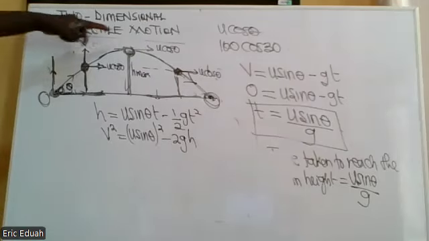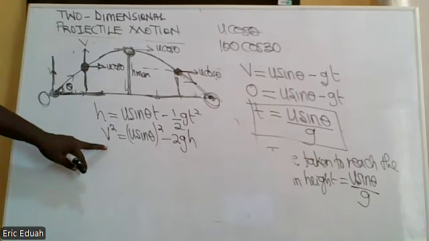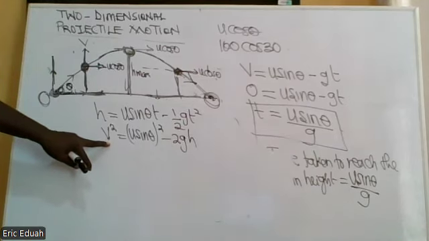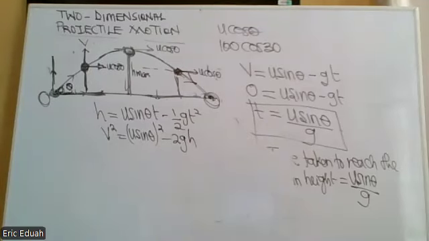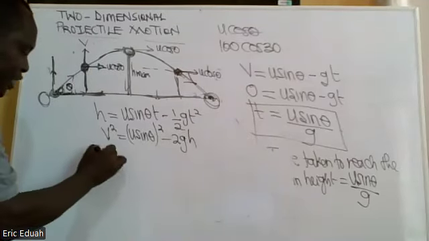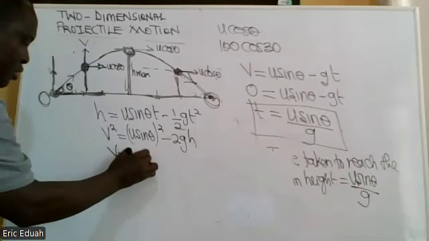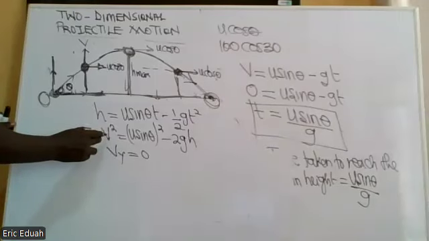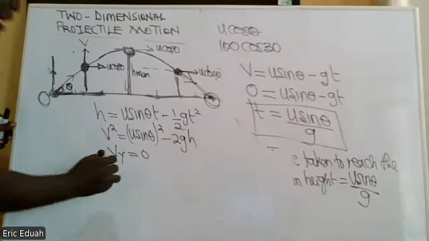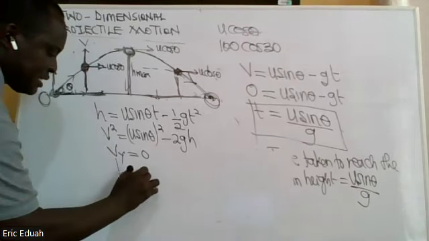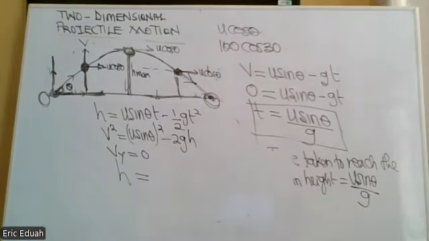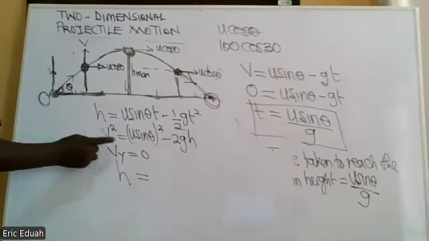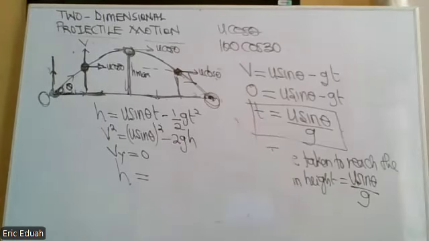Now, at the maximum height, the vertical velocity Vy is 0. So if Vy is equal to 0, then it means we are at the maximum height. Substitute 0 for V, and then help me make h the subject.